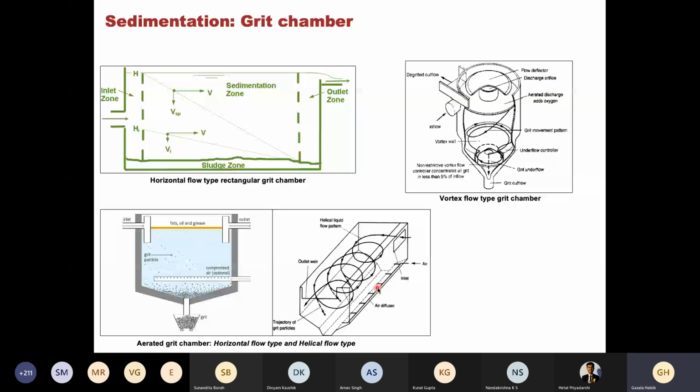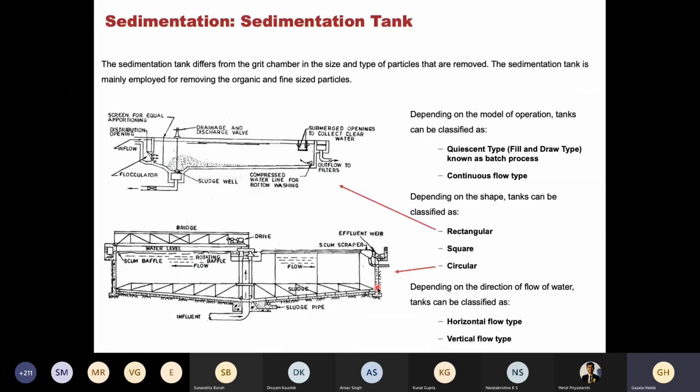Settling tanks can be of various types, and we can define them in different ways. First is based on the process. Batch process means fill the water and then withdraw the whole water, then fill the second batch of water, and after a certain retention time withdraw the clean water, and so on.